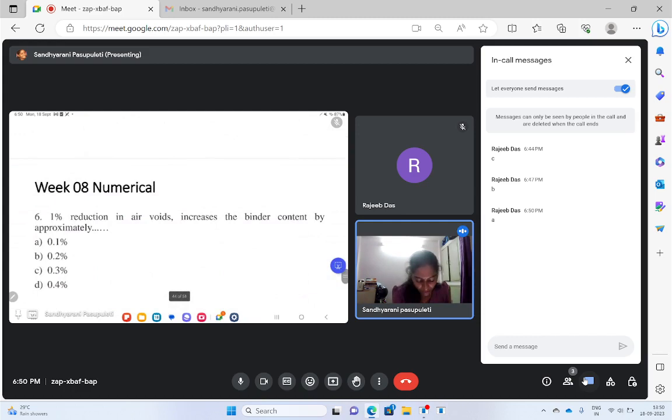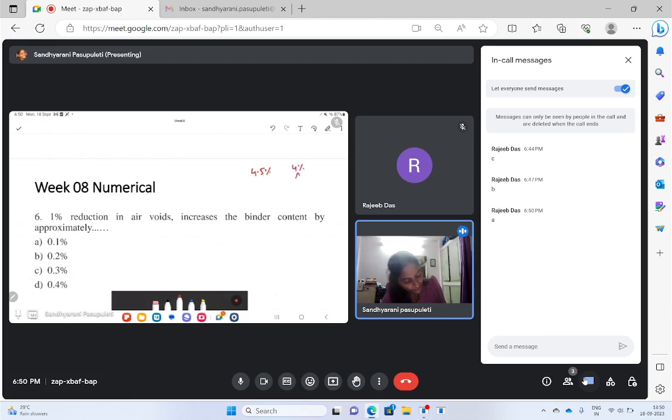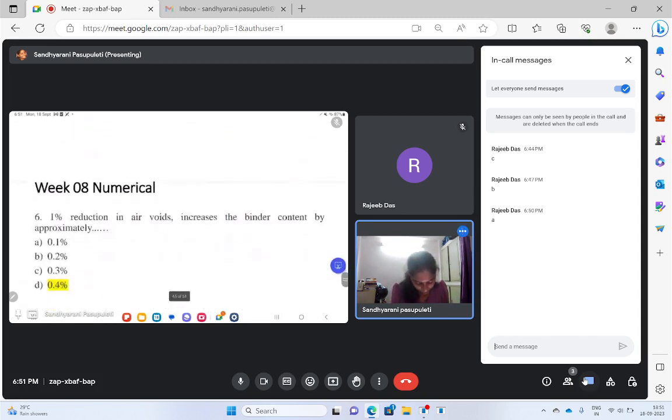The sixth question is: 1% reduction in air voids increases the binder content by approximately what? Let us say we already have 4.5% binder content and 4% air voids. If I reduce my air voids to 3%, from past studies and observations, the increase in binder content would be approximately 0.4%.